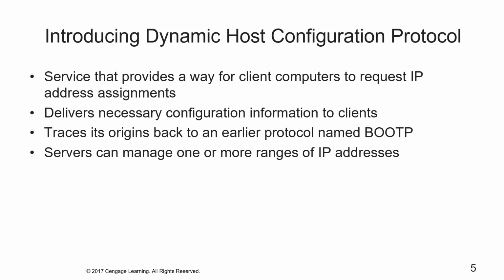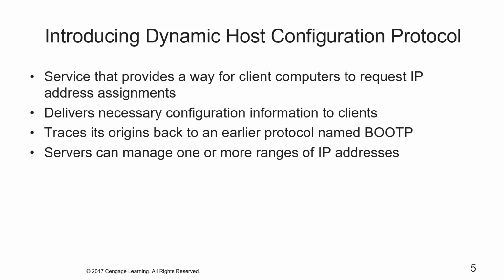BootP was also introduced and implemented for the same reasons, and the origins date back to BootP. That's described in RFC 951, and interoperability between DHCP and BootP is in RFC 1534.